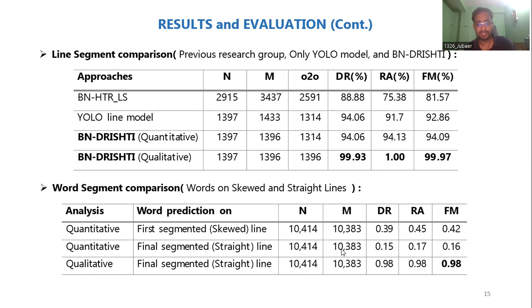In the quantitative analysis, as you can see, the score becomes even poorer because the image went through a drastic change, and we were left with no choice but to do qualitative analysis, where we checked manually the ground truth against the final word predictions. And as you can see, the FM was almost near perfect.